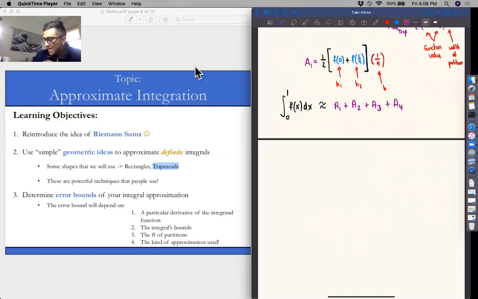So we're really just taking the area of 4 trapezoids, adding them together and saying that that might be an approximation of the area under that curve for us. So let's go ahead and just do this. We figured out what the area was for the first trapezoid. That was what is given above: 1/2 times f of 0 plus f of 1/4, times 1/4.